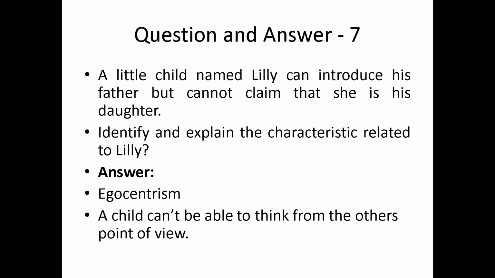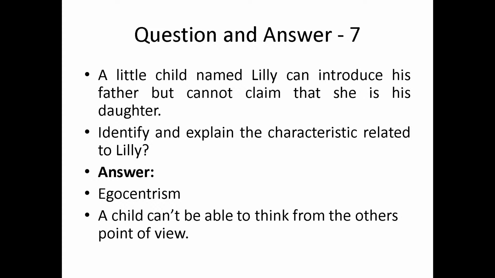A little child named Lily can introduce her father, but cannot claim that she is his daughter. Identify and explain the characteristic related to Lily here. Egocentrism. Again, it is a part of the pre-operational development. A child cannot think from the other's point of view.